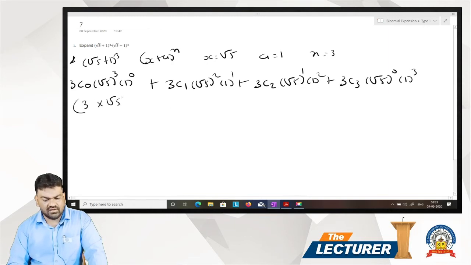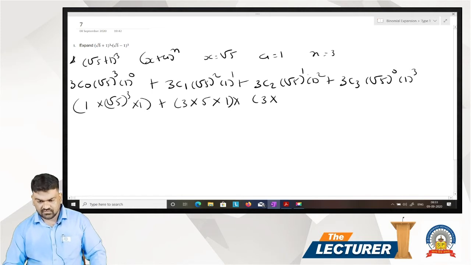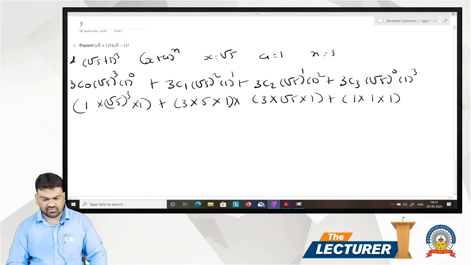3C0 is 1, root 5 raised to 3, 1 raised to 0 is 1. Then 3C1 is 3, root 5 squared is 5, 1 raised to 1 is 1. 3C2 is 3, root 5 raised to 1, that is root 5, 1 squared is 1, and 3C3 is 1, root 5 raised to 0 is 1, 1 cubed is 1.